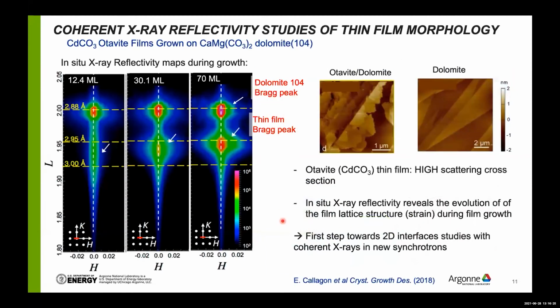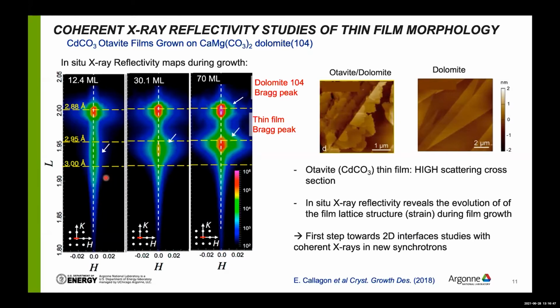So let's start with the coherent X-ray reflectivity studies of thin film morphology, where we have chosen the system of cadmium carbonate, also known as otavite, grown on dolomite 104 substrates. We have chosen this system, first of all, because otavite is a very strong scatterer, as you can see by its very intense thin film Bragg peak.